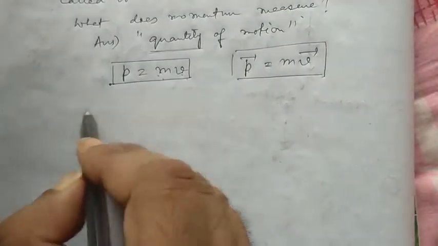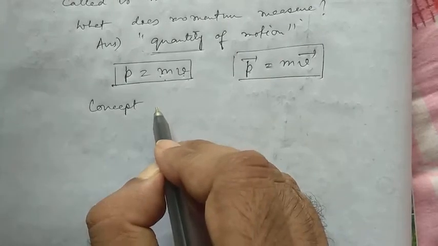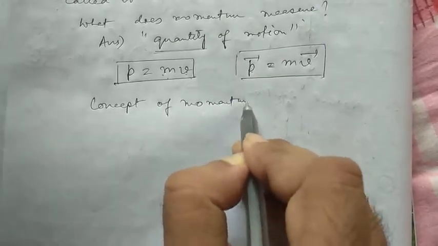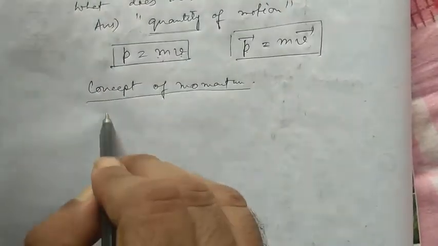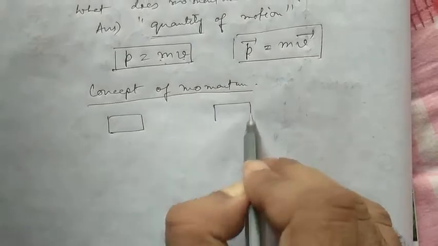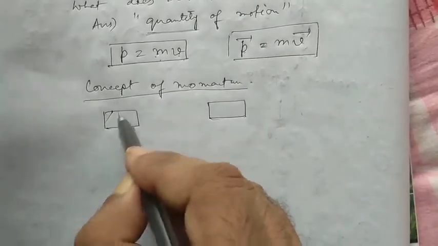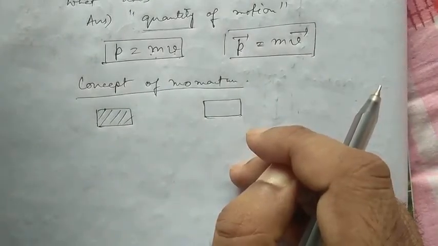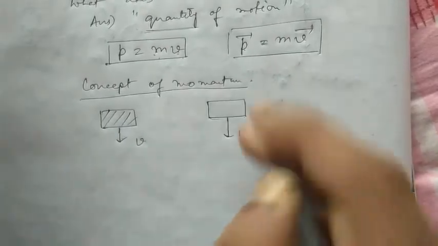Now how to understand the concept of momentum? Suppose two identical trucks, one loaded and another empty. They are moving with the same velocity v in this direction.